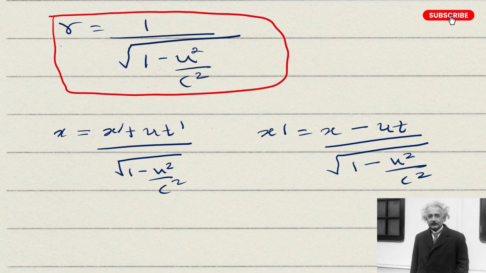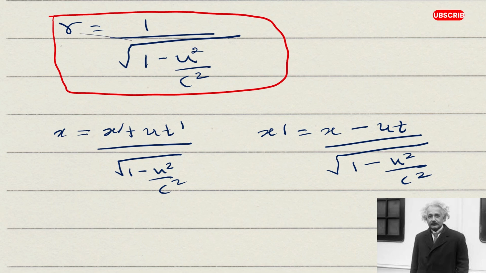Notice on this Lorentz term what happens if u is very small compared to c. Then the term in the square root simply reduces to 1, and you get normal Newtonian mechanics. The gamma term is only relevant when u is approaching c, and then it is known as becoming relativistic.